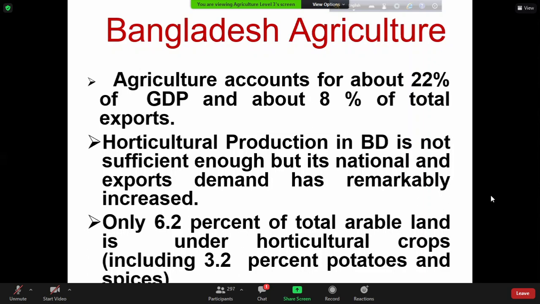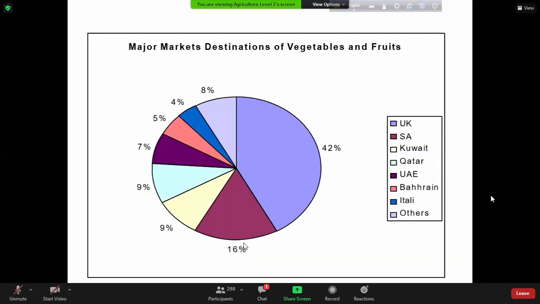So our exported foods are mainly consumed by the immigrants in the countries where our people reside. And you can see here 6.2% of total arable land is under horticultural crops. Among them, about 3.2% is potato and spice. So we export our vegetables and fruits to a number of countries.